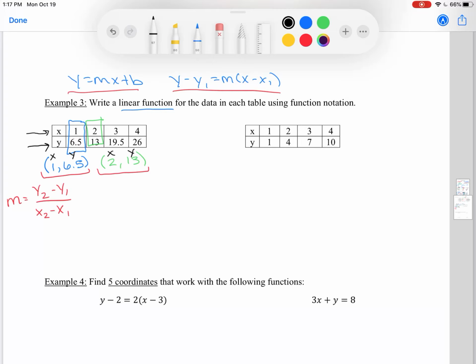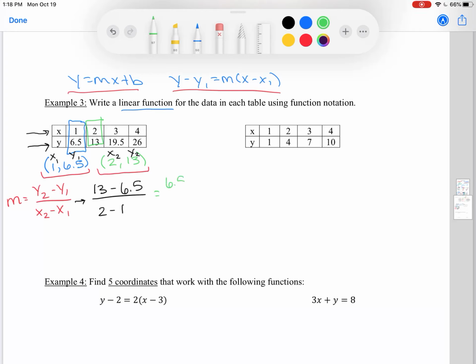Again, that was in our last test, our last unit. y2 minus y1 over x2 minus x1. So I can label my x's and my y's. My first point's going to get the 1s, my second point's going to get the 2s, and now I can plug in my values I just labeled.